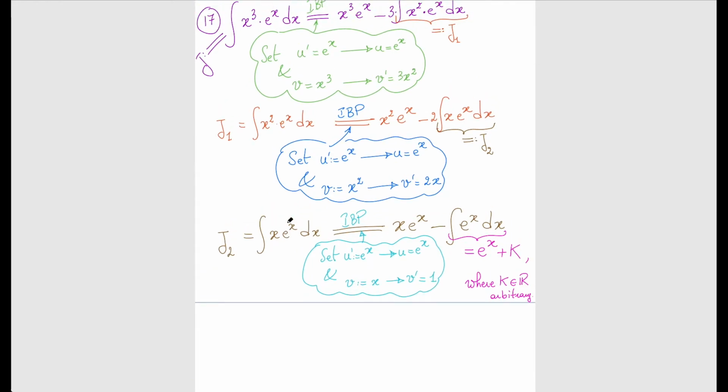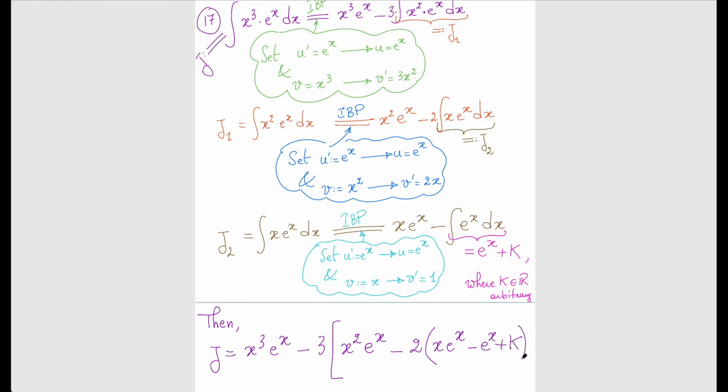Then j is equal to x cubed e^x minus 3 times j1, and j1 happened to be x squared e^x minus 2 j2, and j2 happened to be x e^x minus e^x plus k.